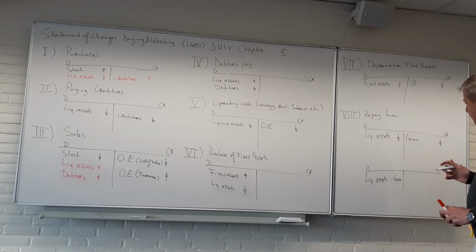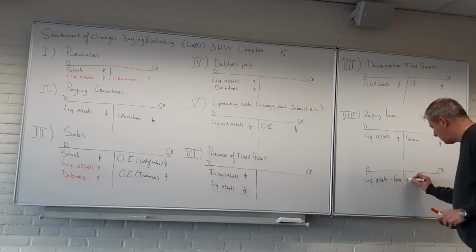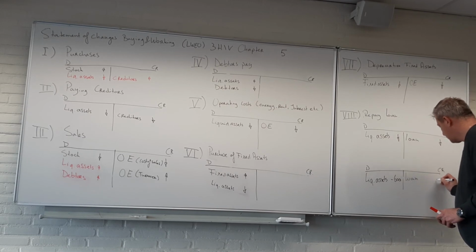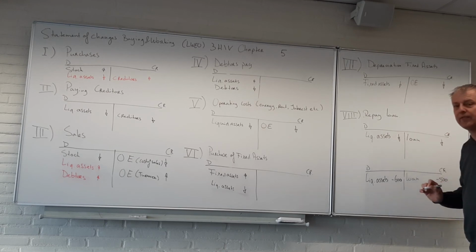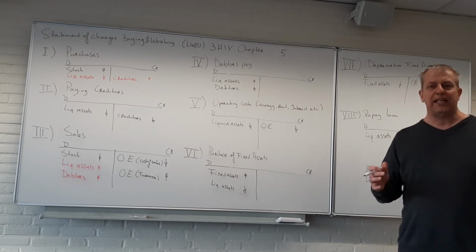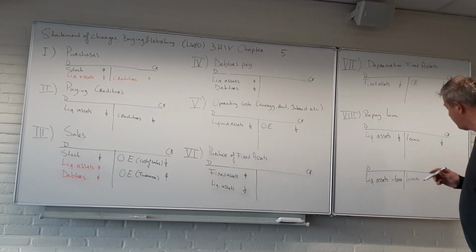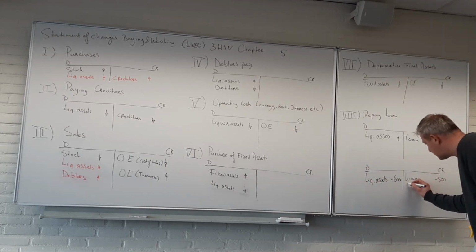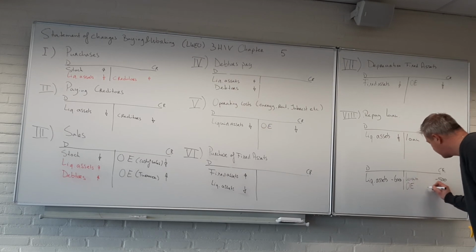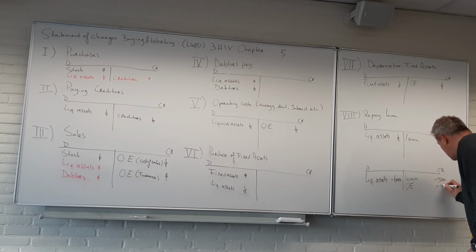Your loan goes down as well by an amount of 500 euros, so negative 500. Your interest goes down as well, owner's equity, so interest is owner's equity, negative 100.